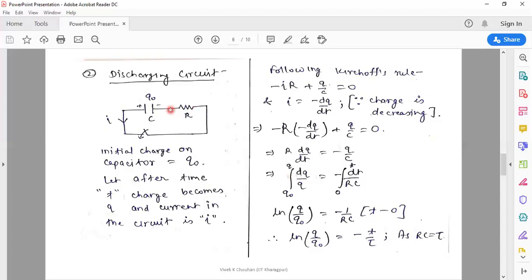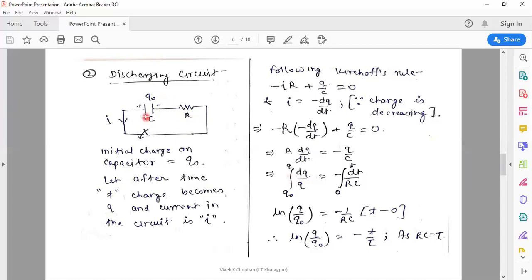And since resistance is a passive element, the energy will dissipate in the form of heat, I square R t, Joule heating, and consequently we will reach a time when all the energy stored in the capacitor will be exhausted in the form of heat, and we will have nothing left over here.